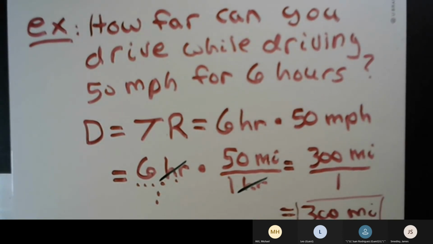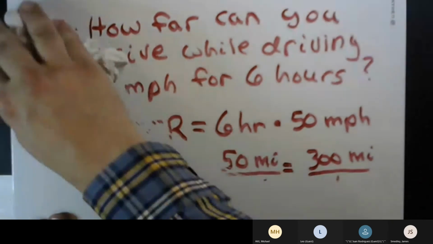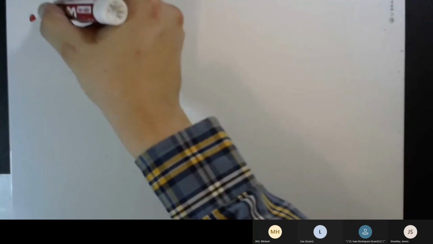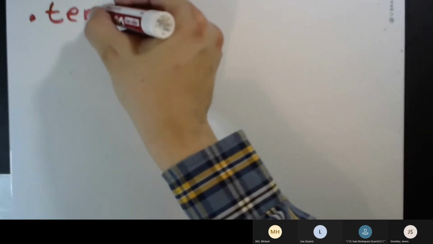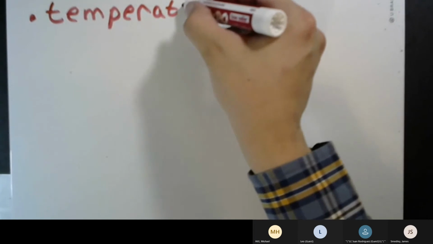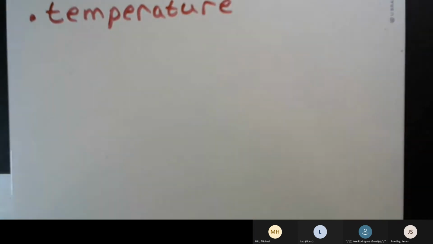So that's the relationship with distance, time, and rate. Now we're going to take a look again at those temperature ones. Let's take a look. So when we looked at the conversions chapter, we used a chart.